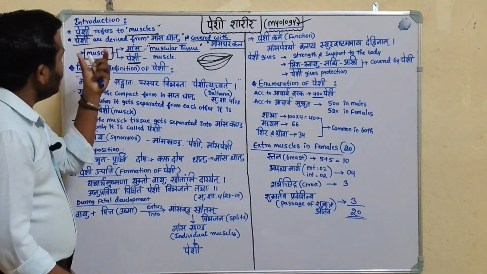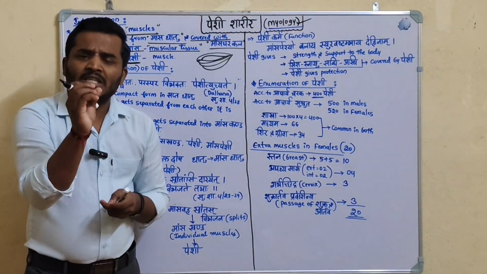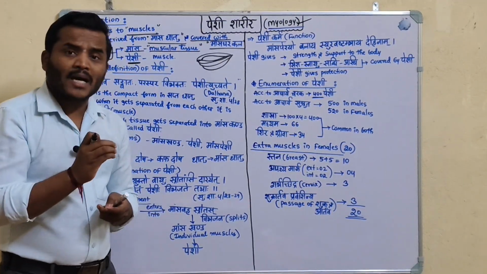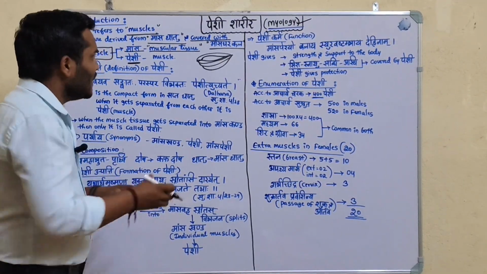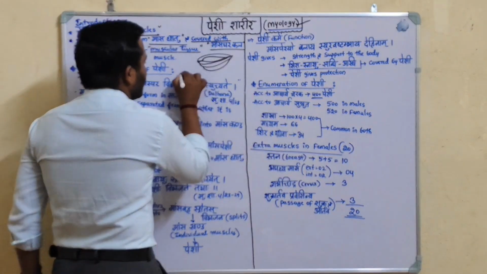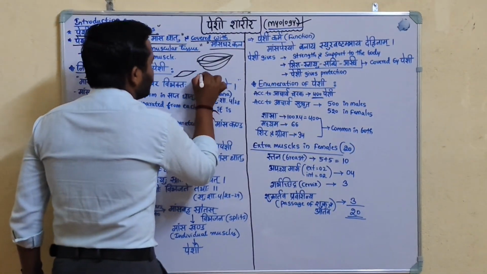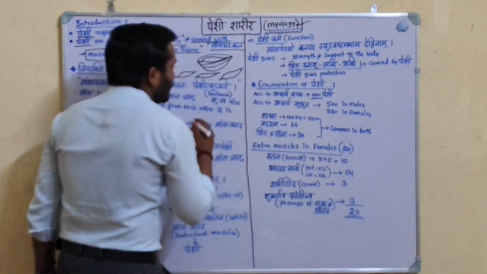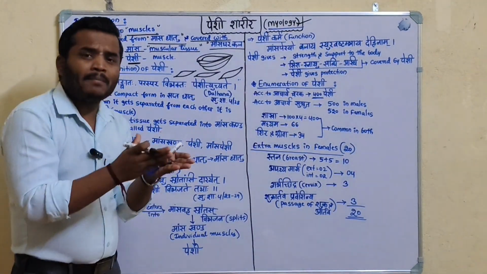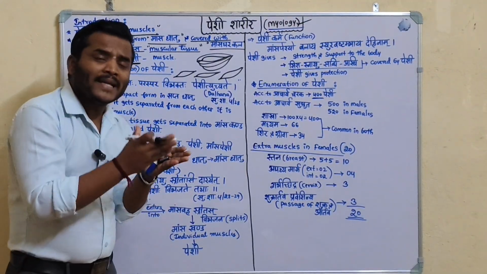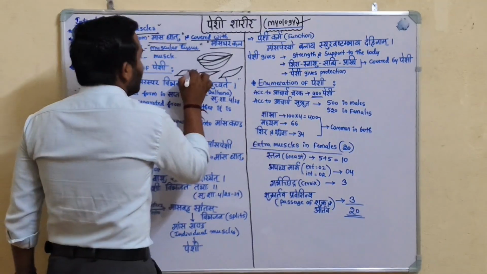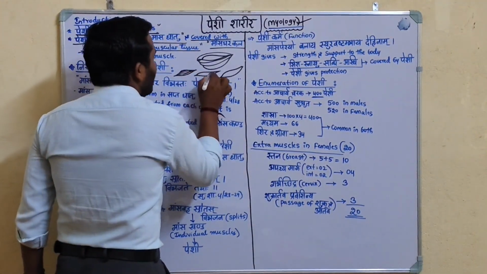Here, in the introduction I said peshis are formed from the mamsa dhatu. When we split the mamsa dhatu, then it is called peshi.